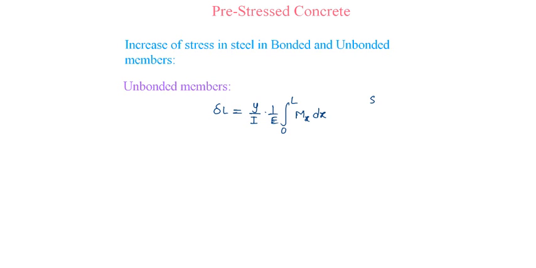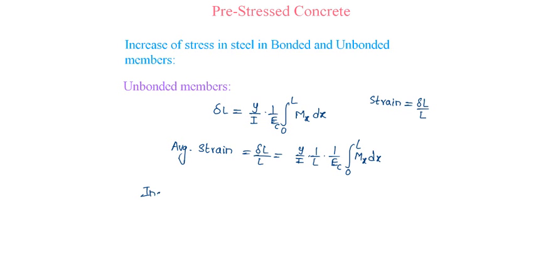We know strain is equal to change in length by initial length, so average strain will be equal to change in length by initial length, that is equal to Y by I into 1 by L into 1 by E, where E is Young's modulus of concrete, integral 0 to L Mx dx.